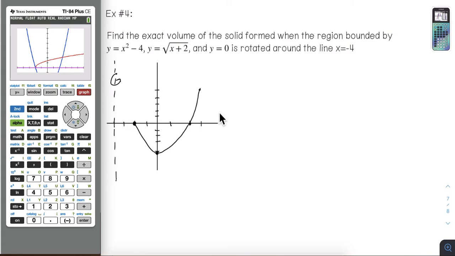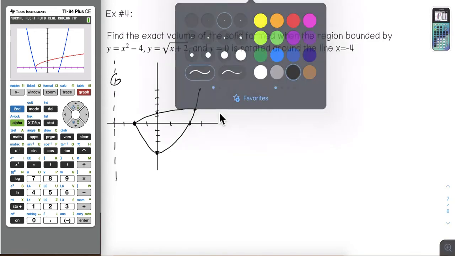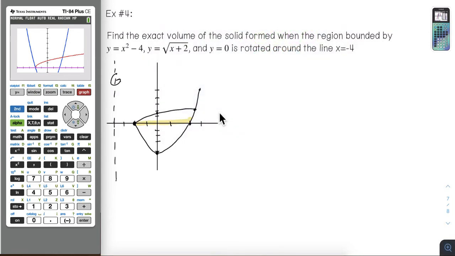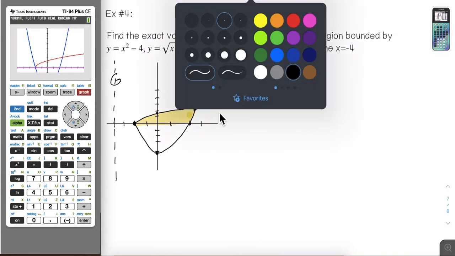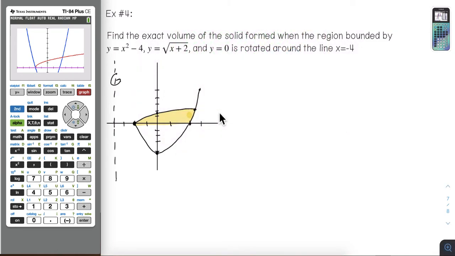That's a little bit between 1 and 2 there, and our intersection point is around at 2. Okay, so we're like here. And we just want to take this volume, this area, and rotate it around the revolution line rather. So I always like to kind of think of that inner and outer.